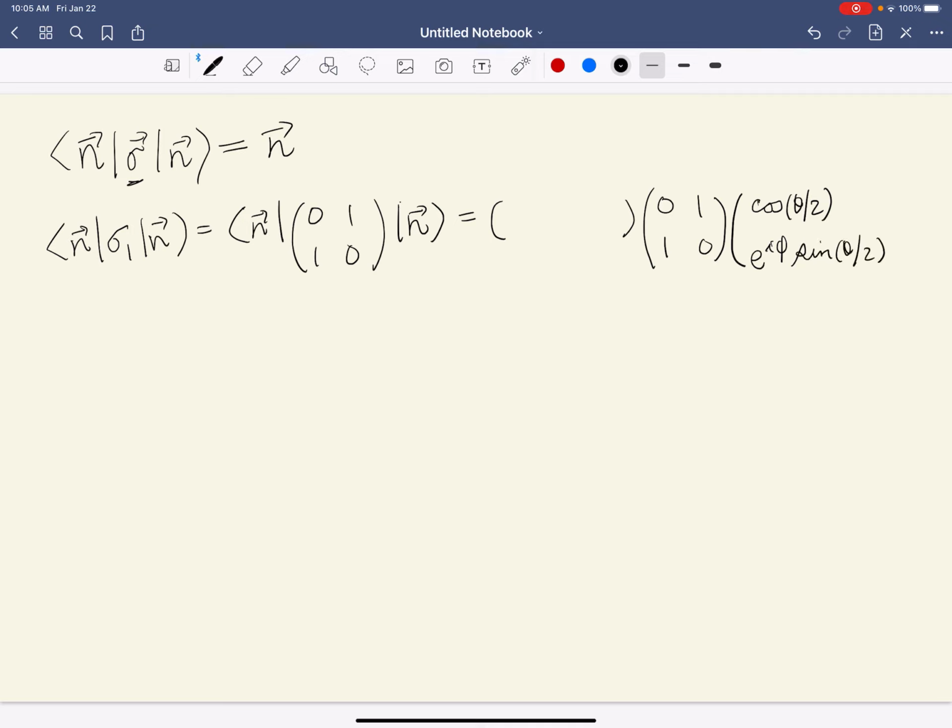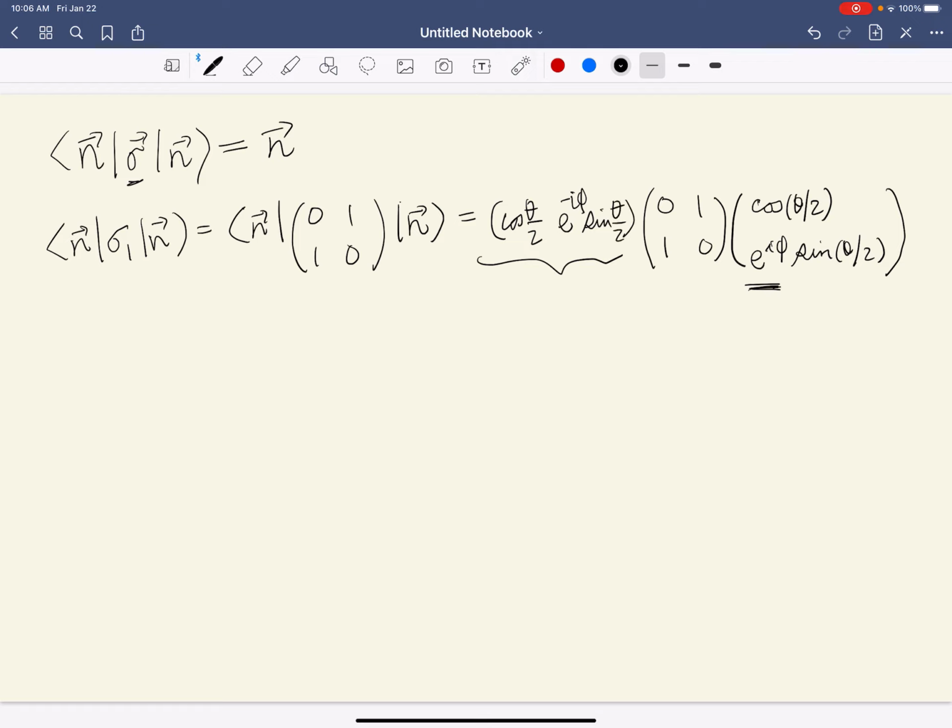Okay, so this was the wave function. And on this side, I have to introduce its complex conjugate. So I still have the cosine half theta, but taking the complex conjugate of this will bring me this opposite phase factor, like that.